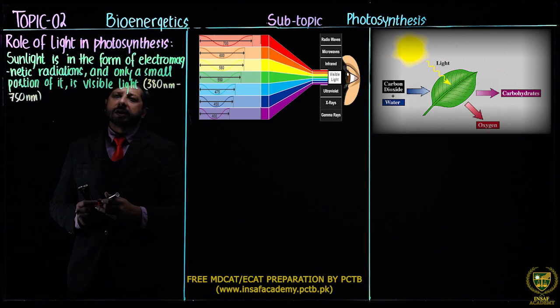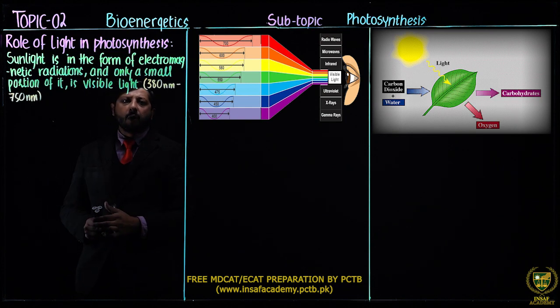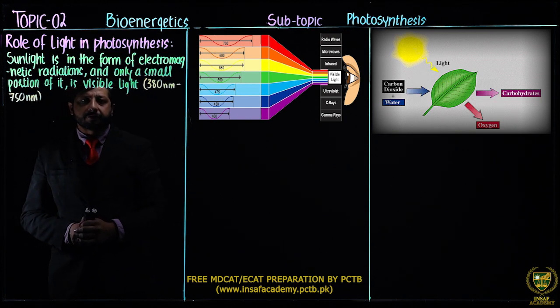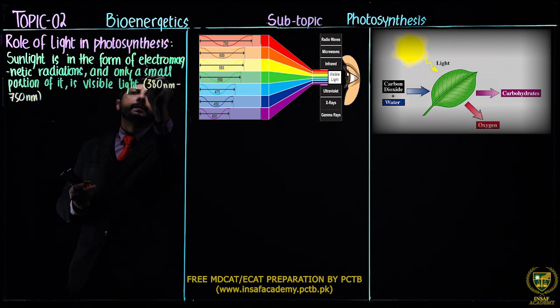So that is a very small portion among the whole radiation which is coming from the sunlight. So its nature is electromagnetic.